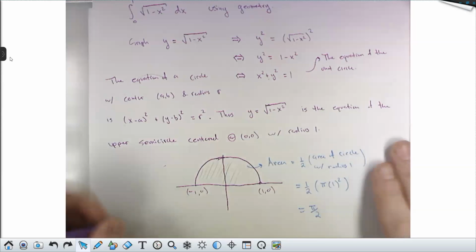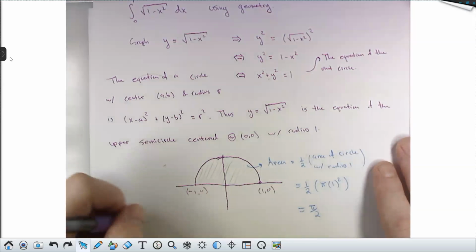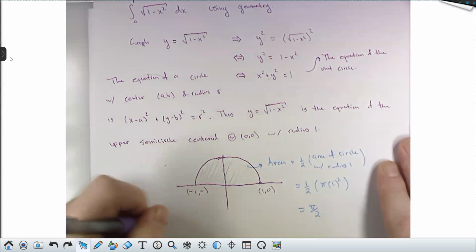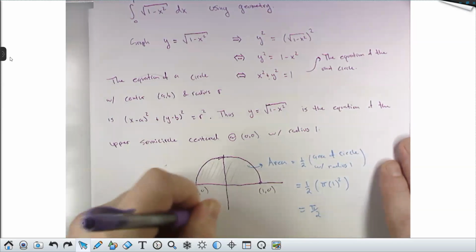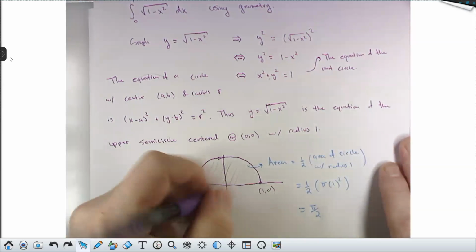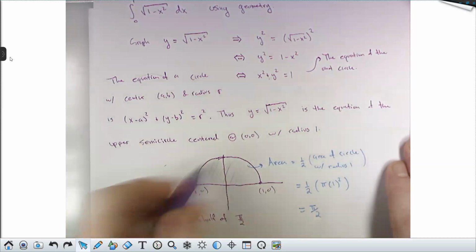Therefore, and I should say the area we're looking for, which is just the integral from 0 to 1 of the square root of 1 minus x squared dx, is half of this area, because it's a quarter of the circle, right?